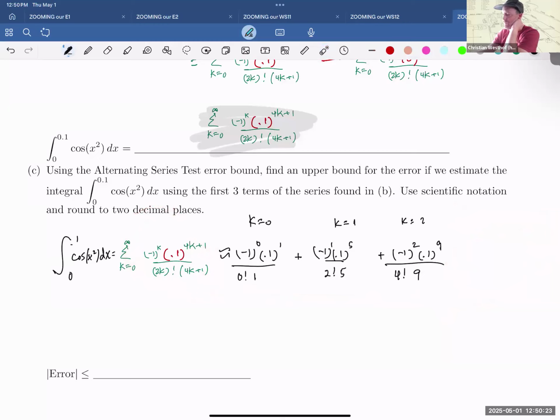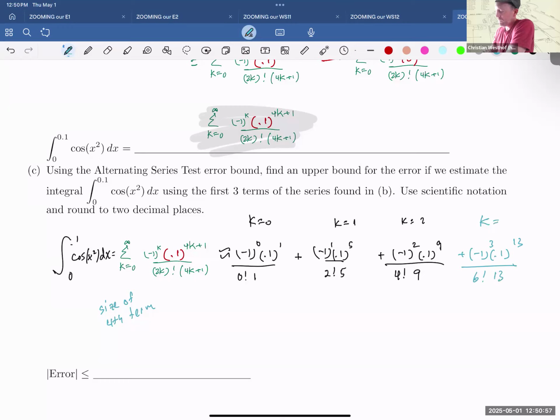Fourth term, size of fourth term. So that means absolute value, or the plus version, and it would be absolute value of -1 cubed, 0.1 to the 13 over 6 factorial times 13.